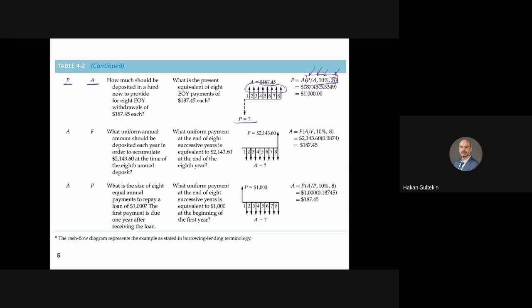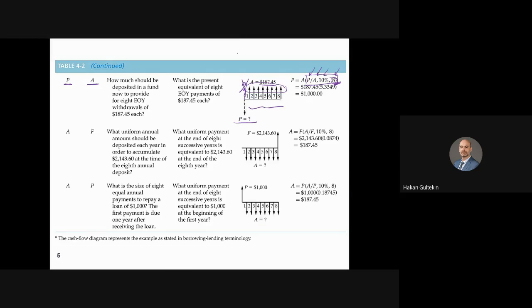This 8 is the number of payments again. So it's not important whether we start from year 0 or year 15. This 8 is the number of equal payments. But again, be careful. Look, in this structure, there is no cash flow at time 0. There is no such cash flow.